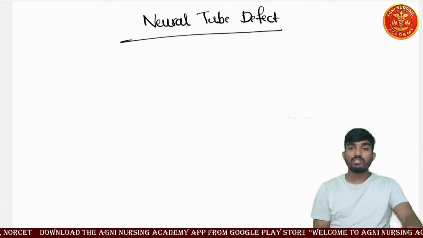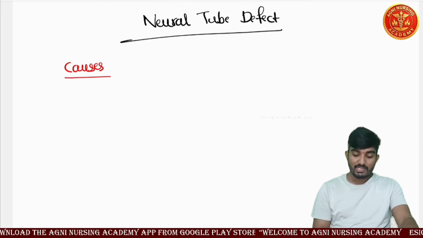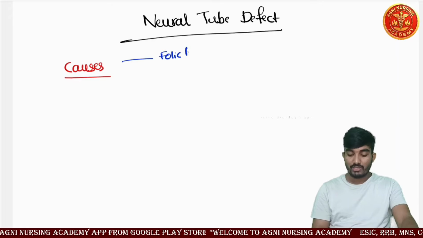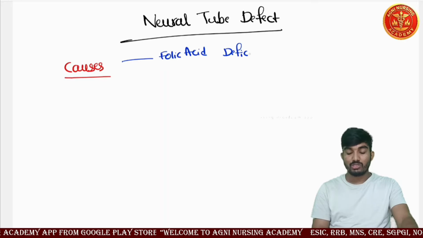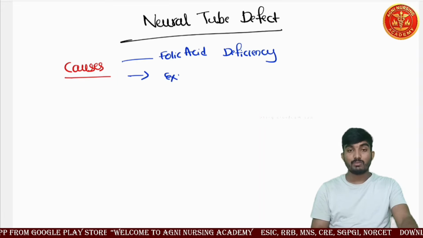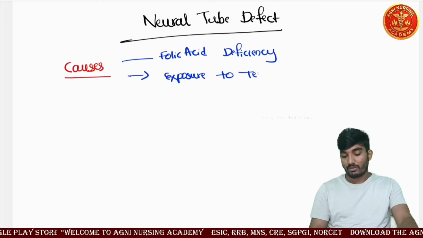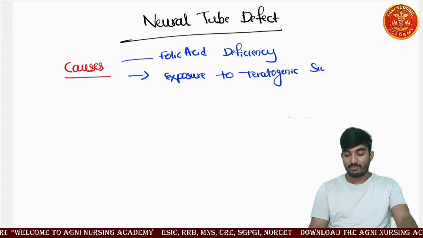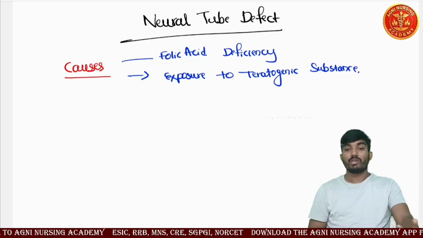The main causes of neural tube defect are folic acid deficiency, and the second one is exposure to teratogenic substances. These are the main causes for the neural tube defect.